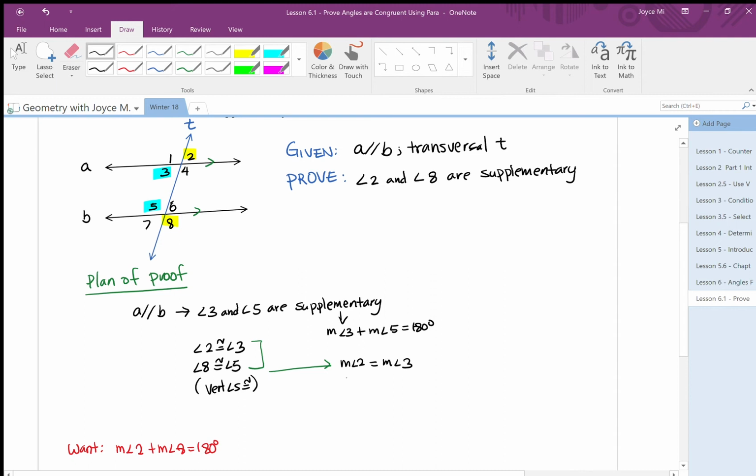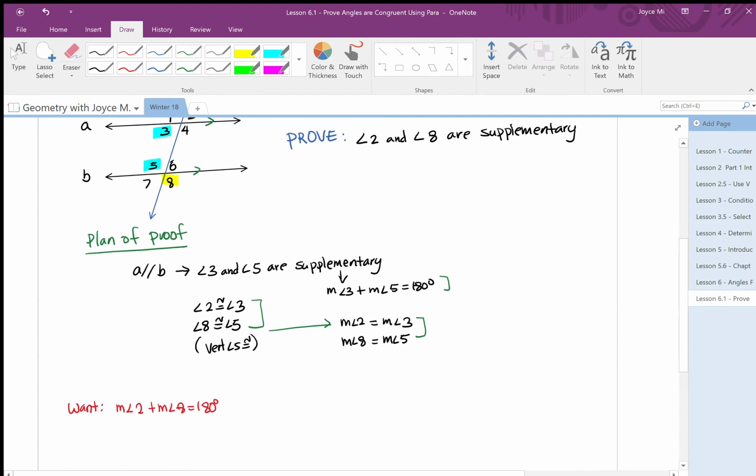I could say the measurement of angle A is equal to the measurement of angle 5. Now, using this, let's see what we have. So can I somehow write angle 2 plus angle A gives 180 now? Let's think about it. I want 2 plus A. So 2 is the same thing as angle 3.